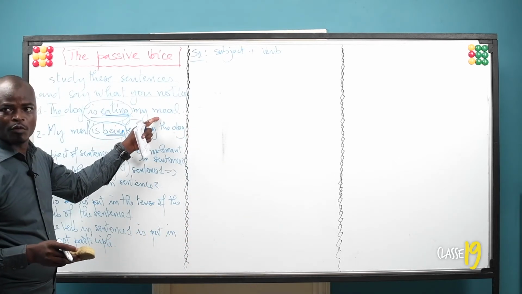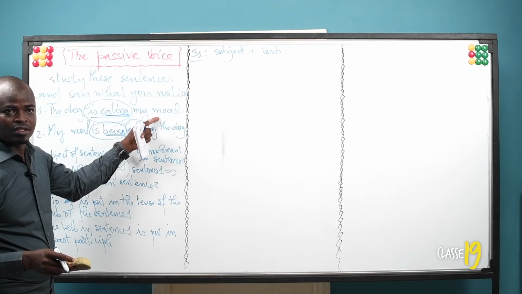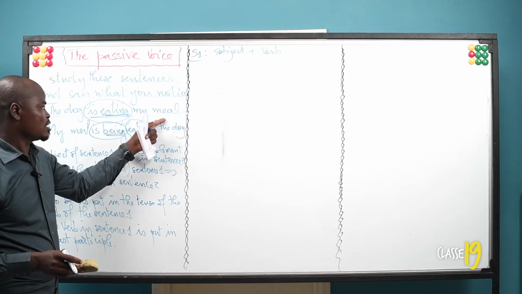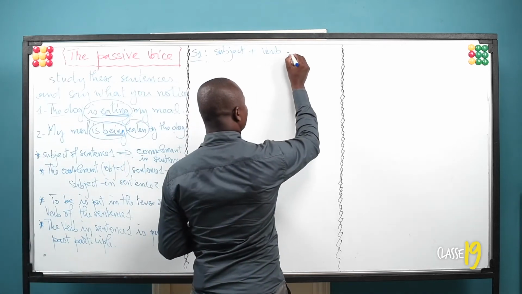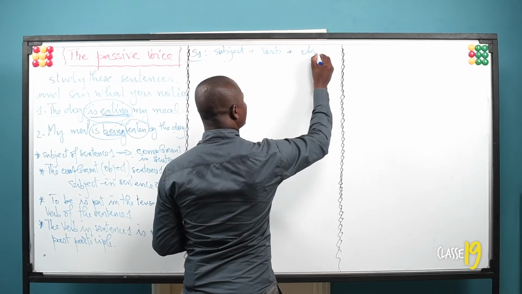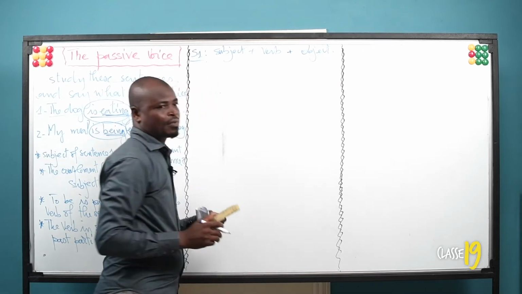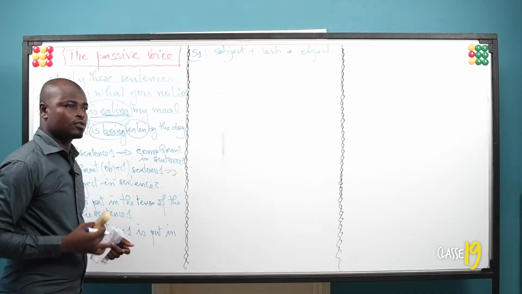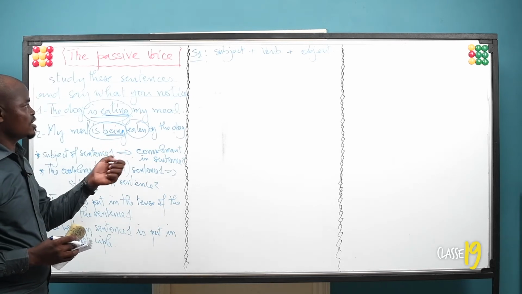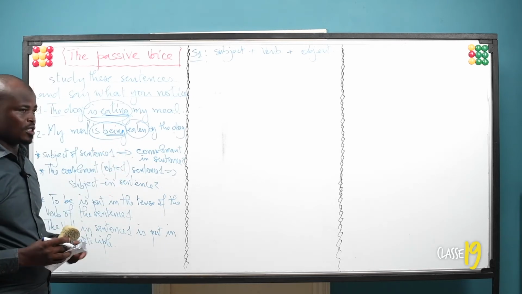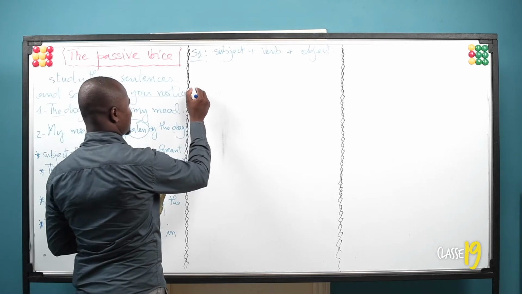What kind of complement is this? It is an object, a direct object. So we have plus object. So talking about the passive voice, you have three elements which are very important: the subject, the verb, and the object.